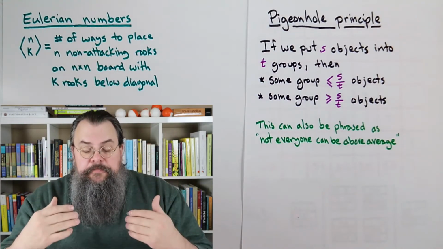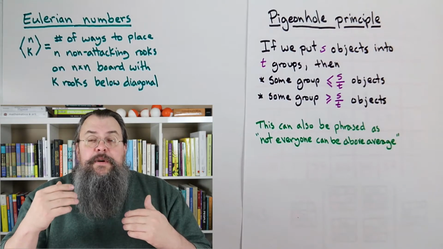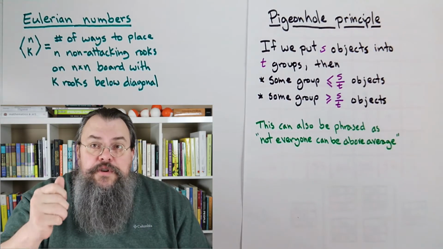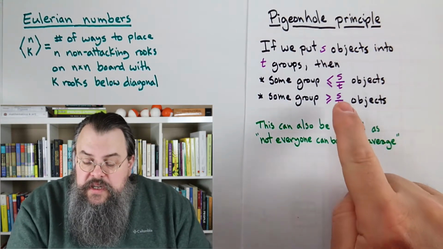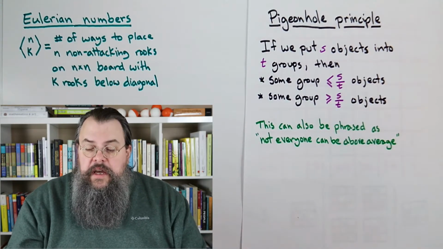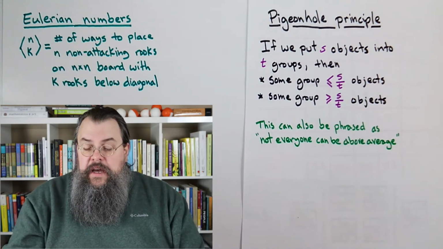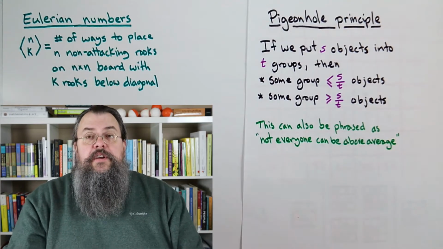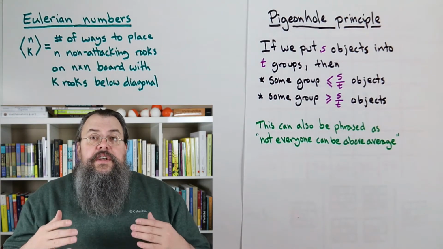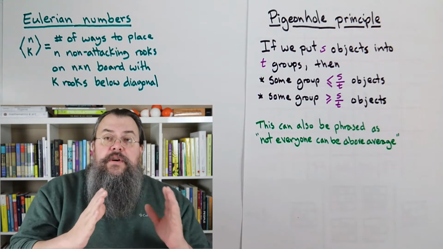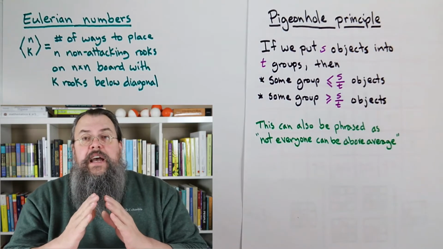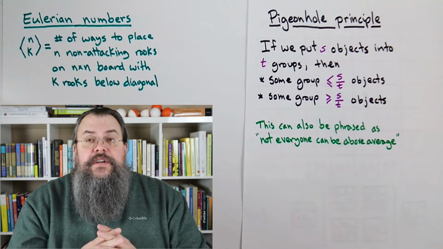It's S over T. And now the pigeonhole principle says some group has at most S over T objects, and some group has at least S over T objects. In other words, there has to be something which is at or below the average, and something which is at or above the average.